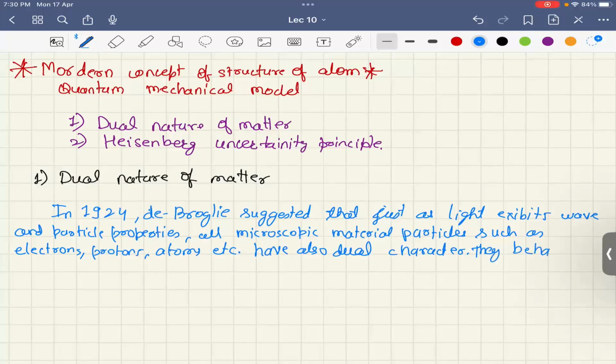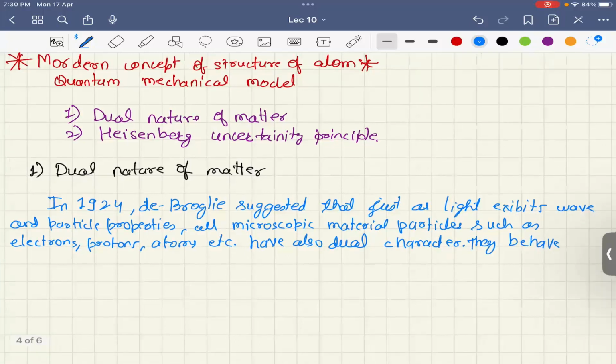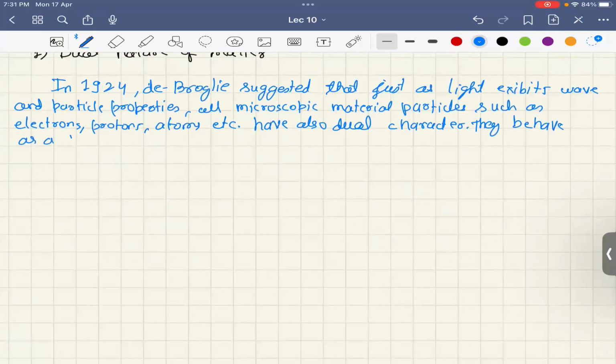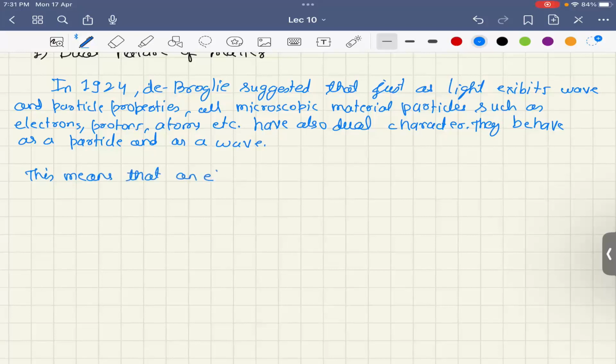They behave as a particle and as a wave, right? This means that an electron, which has been regarded as a particle, also behaves like a wave.